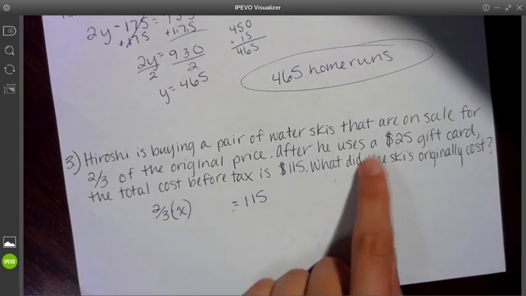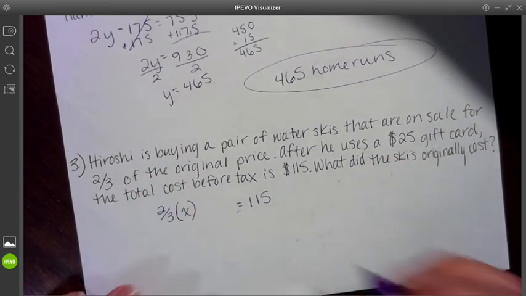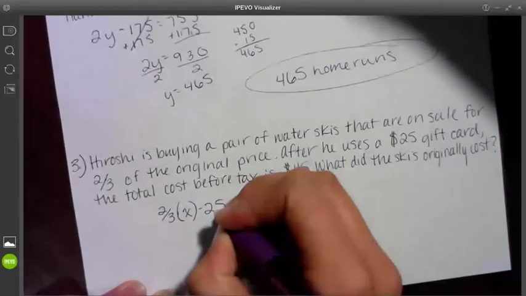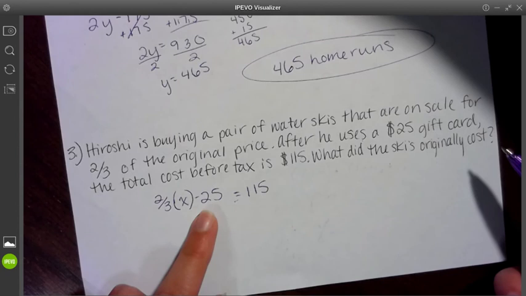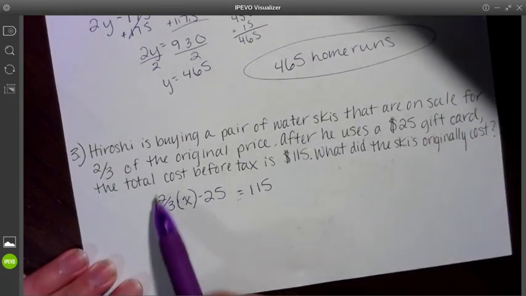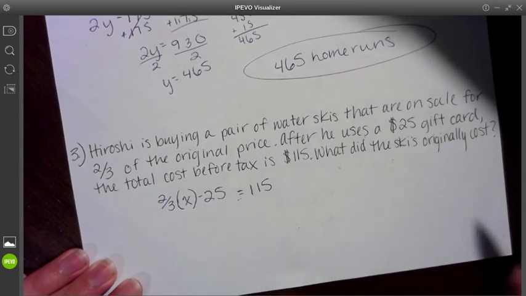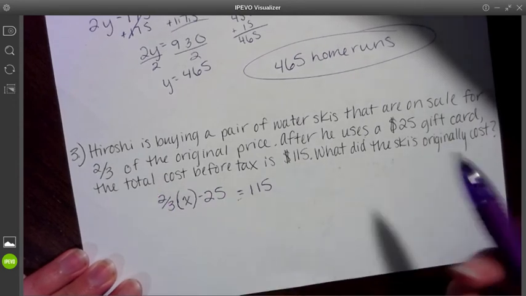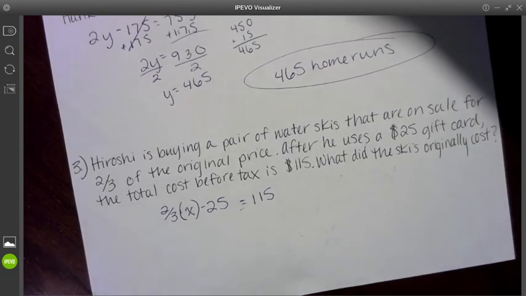Oh, but he also used a gift card for $25. So that would knock another $25 off the price he would pay. And I think that's all the information, right? Skis on sale for 2/3 of the original price, we got that. He uses a $25 gift card, we subtracted that $25 from the cost. Total cost before tax is $115. What did the skis originally cost? Okay, we're good to go.